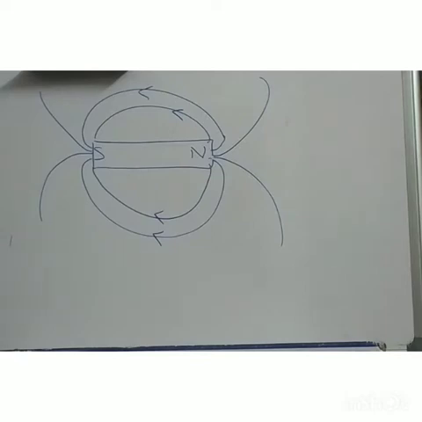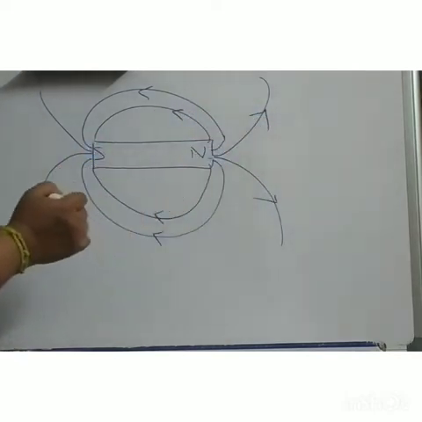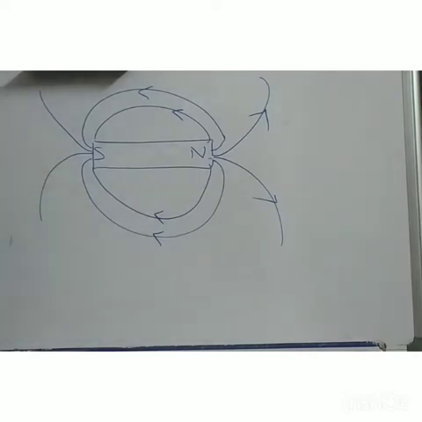And what about these lines? These lines will be like this, like this. And what about the arrow mark over here? What will we get? We will get like this. Clear? We will get magnetic field lines like this.